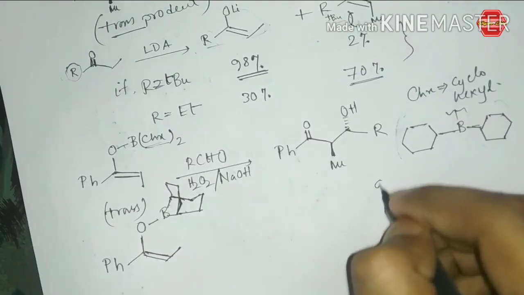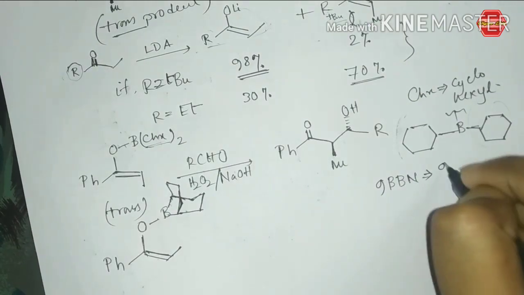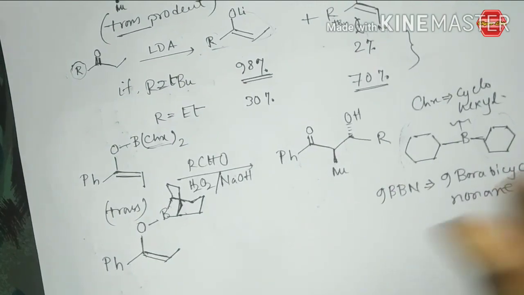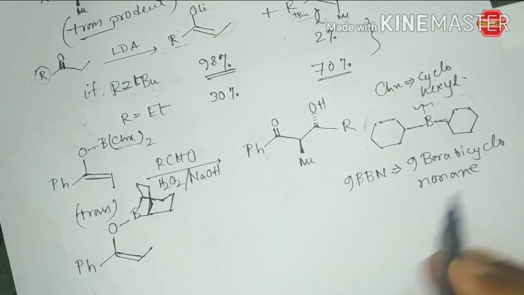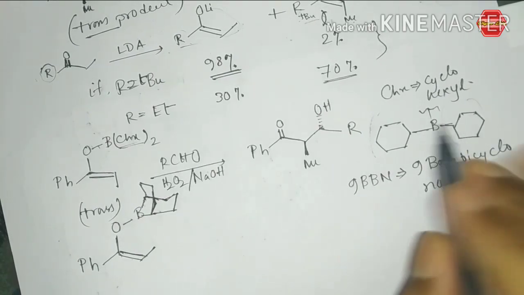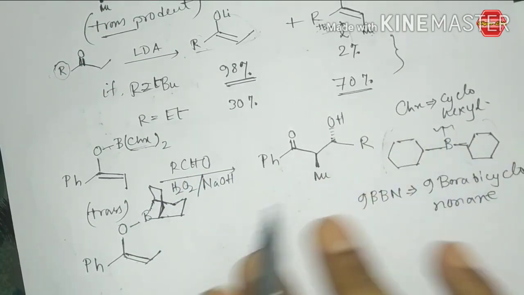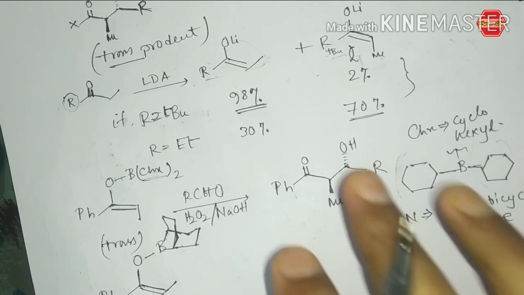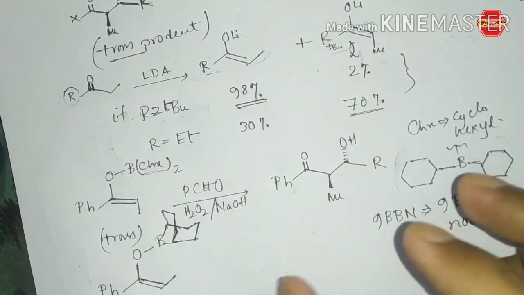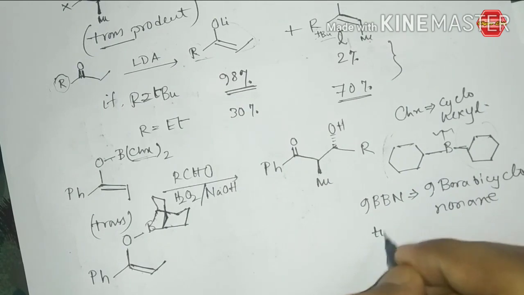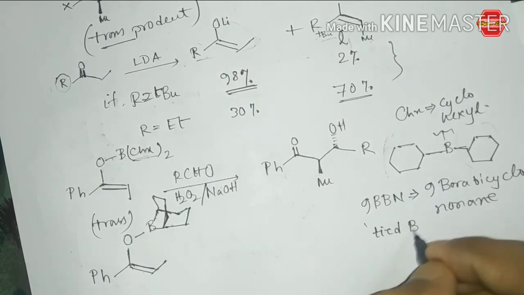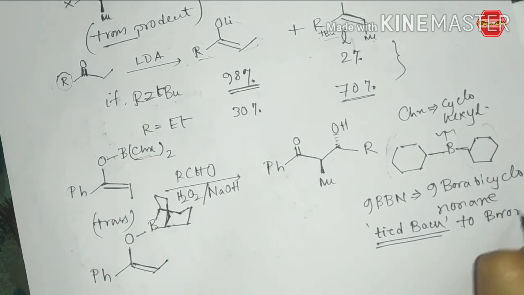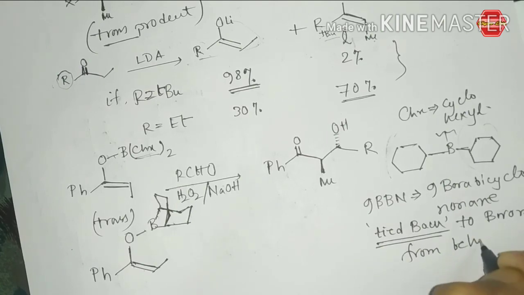So what is 9-BBN? 9-BBN is called 9-borabicyclononane. Okay, so it may look large, but it's not as large as it looks, because it's tied back to boron from behind. Okay, it's tied back to boron from behind.